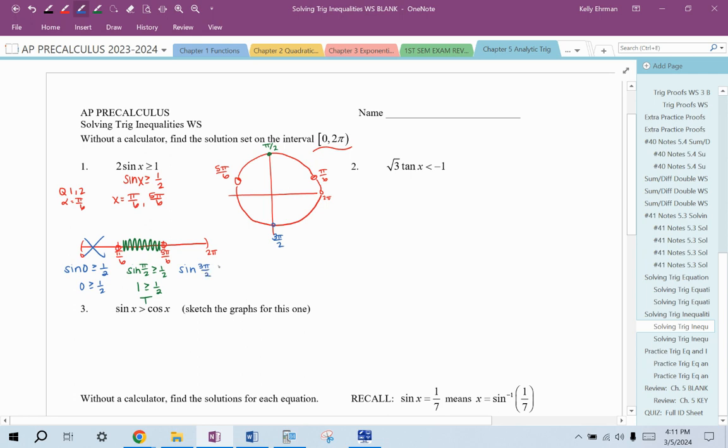So sine of 3 pi over 2, we're checking is that greater than or equal to 1/2? So sine is -1 at 3 pi over 2. That's not greater than or equal to 1/2. So that's false. So the only solution set for this first one is pi over 6 to 5 pi over 6. Oh, and they should be closed in because this is greater than or equal to. So square brackets, pi over 6 to 5 pi over 6.